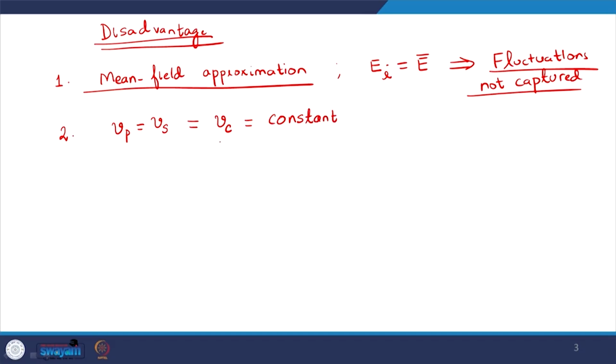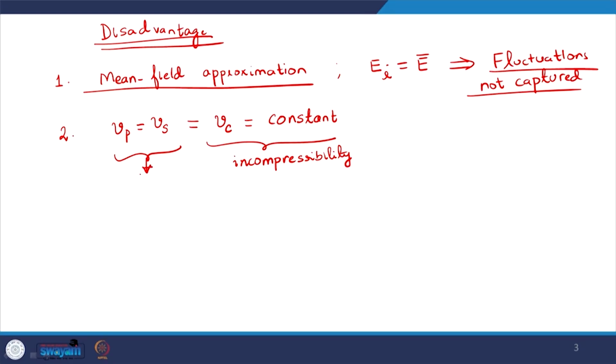And if you think about it, the last bit of it is coming from incompressibility, and the first bit is coming from the fact that we are assuming that the solute and solvent occupy the same volume.